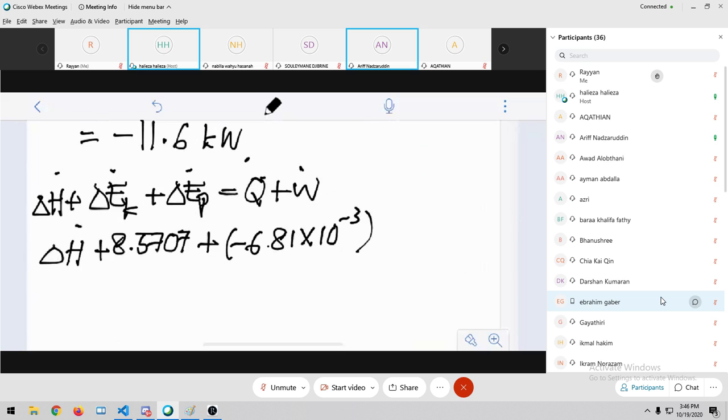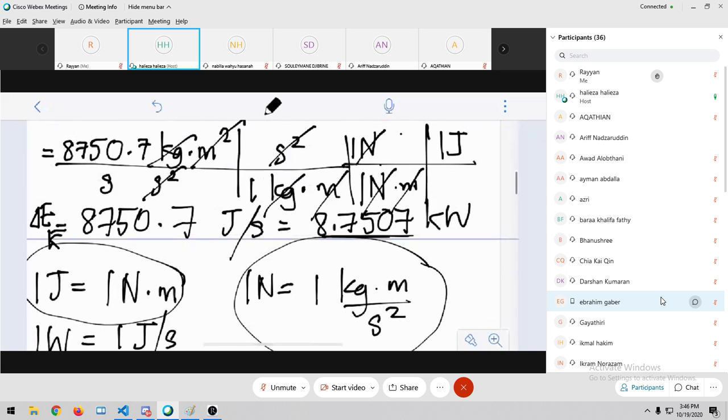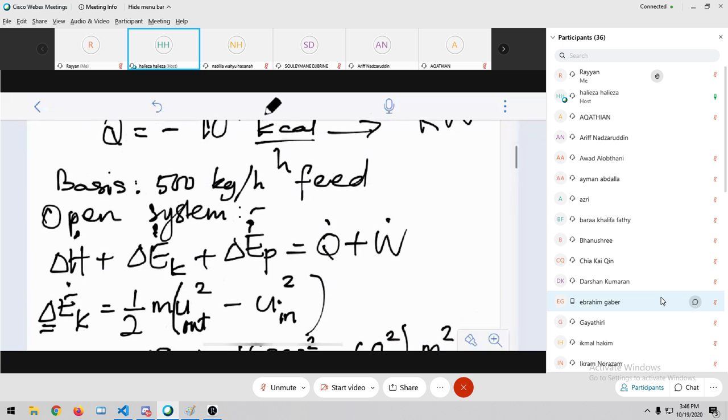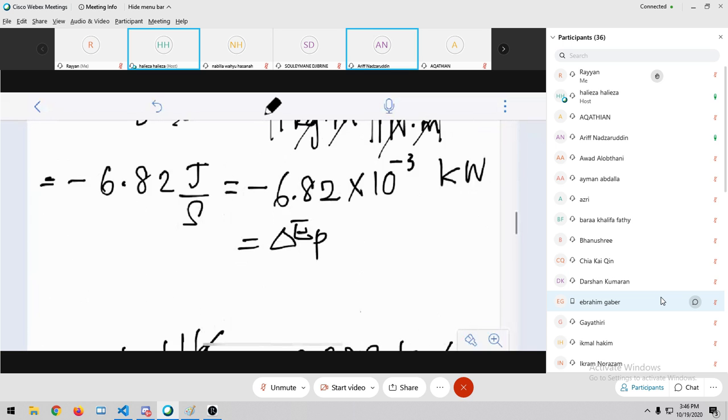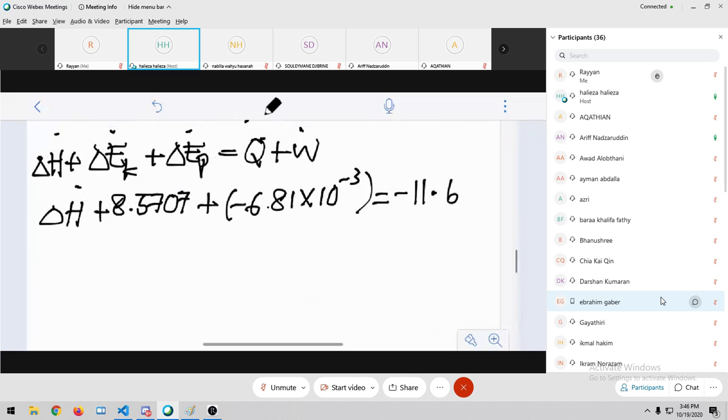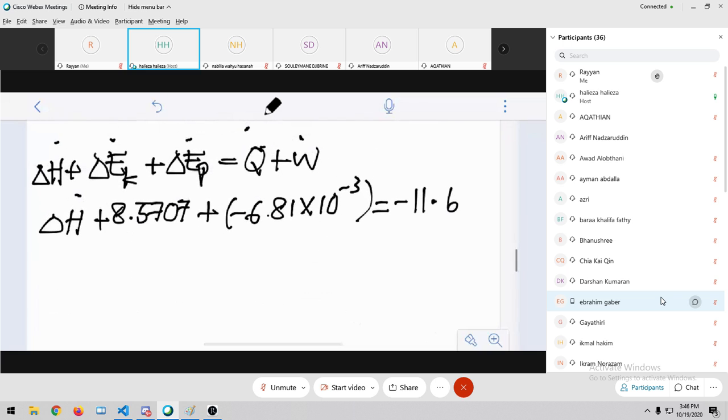Next, the Q that we got just now is negative 11.6, and the work that is given in the problem itself is negative 70. Shaft work. Oh dear, I forgot to write the subscript. Remember the subscript.